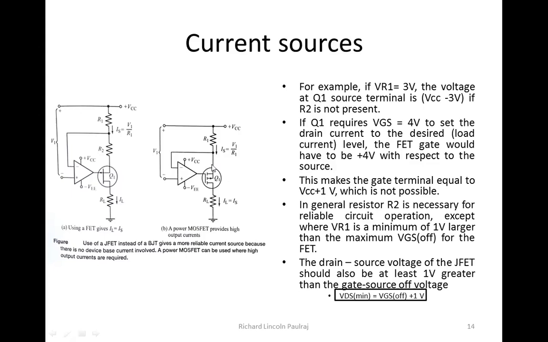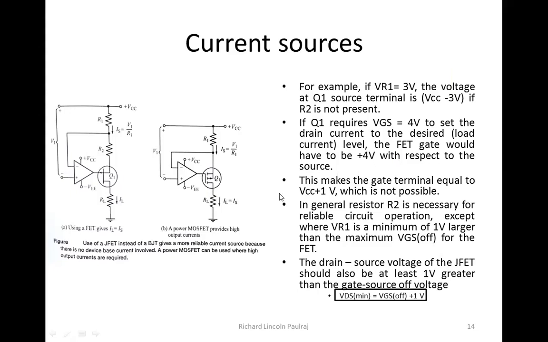So VGS initially turns on the transistor, and your VDS will actually enable getting the drain current. Okay, so these were some of the things that we looked into in our previous class.